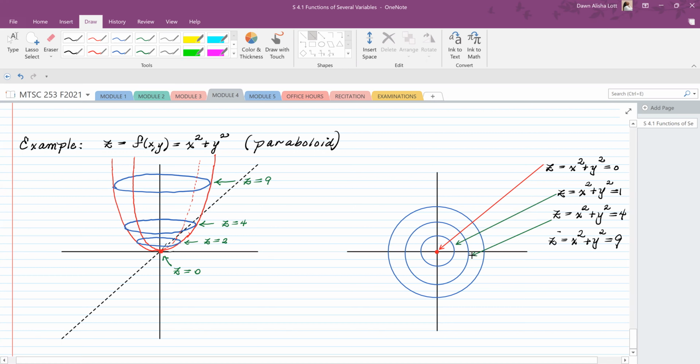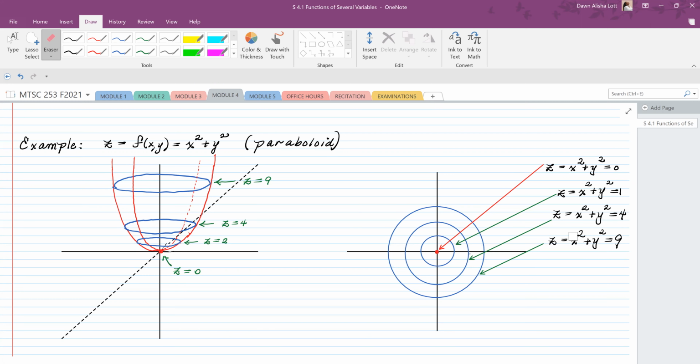And that was this one. And then we got z is equal to 9. And that's that one. So the level curves are what happens if you slice the paraboloid at z equals 9 and then look down. You're going to see a circle of radius 3. So those are the level curves.